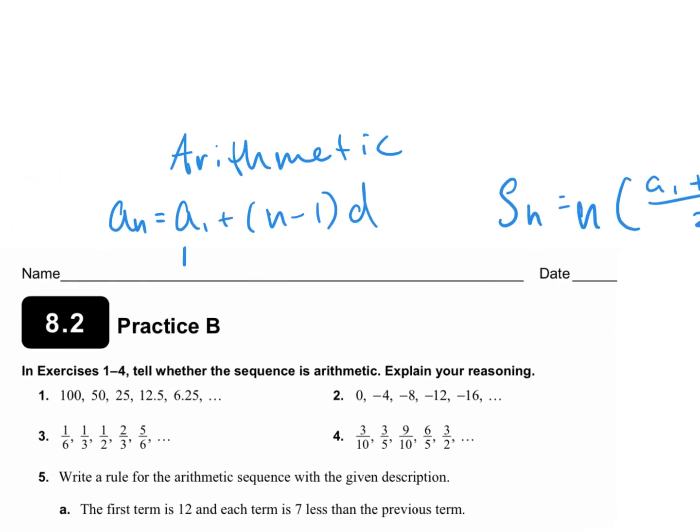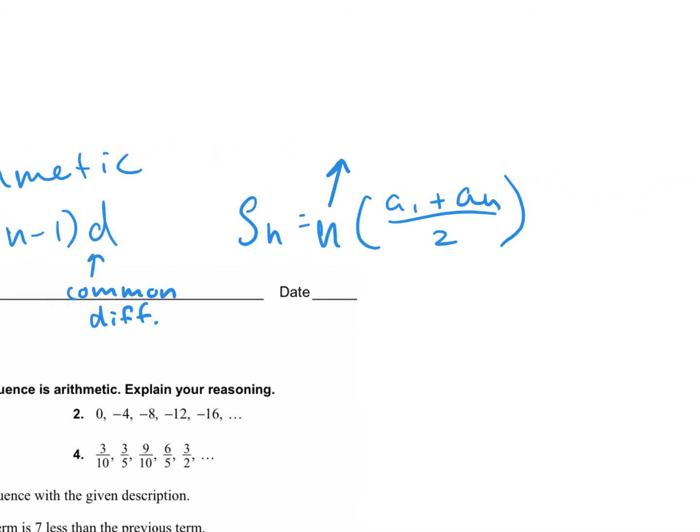So a sub 1 is always our first term. d is our common difference. n is our number of terms. And a sub n is our last term.